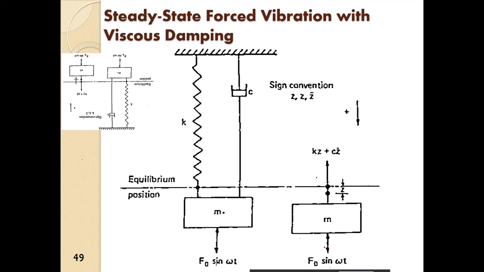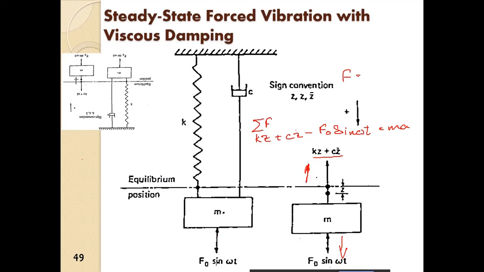We have this system, we have this force F naught sine omega t, and we have the force from the spring and the dashpot, kz plus c into the velocity. So we have the force in this direction. The summation of the forces is kz plus c into velocity minus F naught sine omega t, and that is equal to the mass into acceleration.